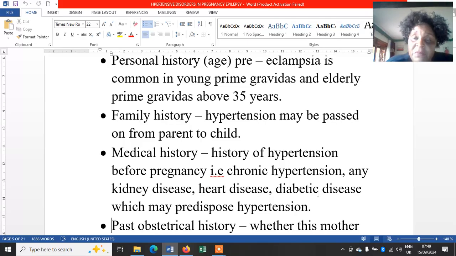She may even report other conditions like kidney diseases. Remember, kidney diseases predispose a patient to hypertension. Then heart diseases, diabetic diseases also, they predispose to hypertension. So when a mother reports any of these chronic medical conditions, we must take note of it.